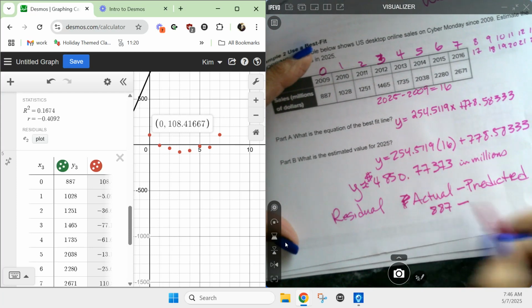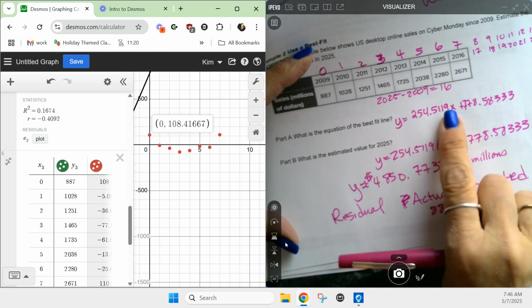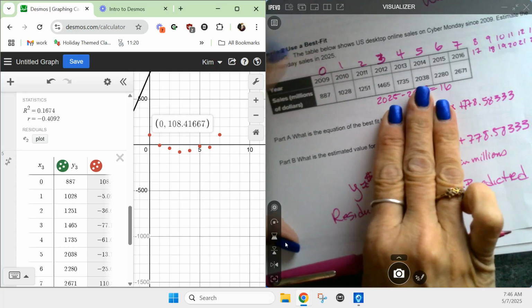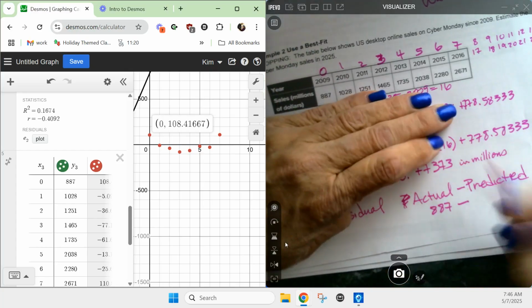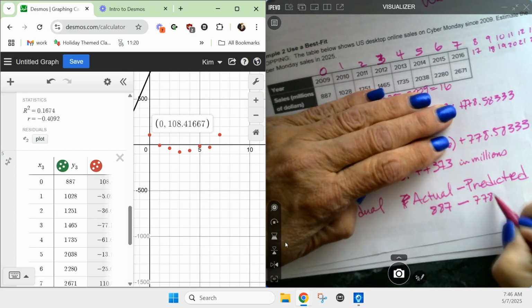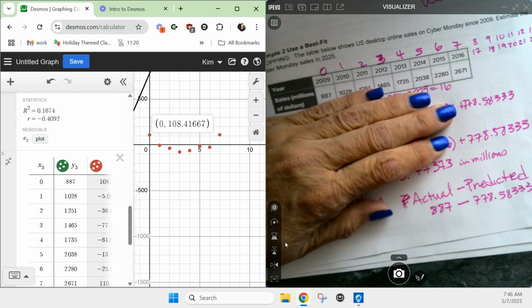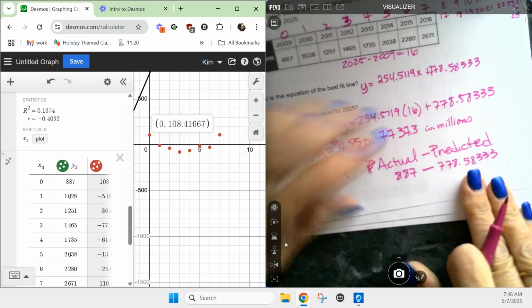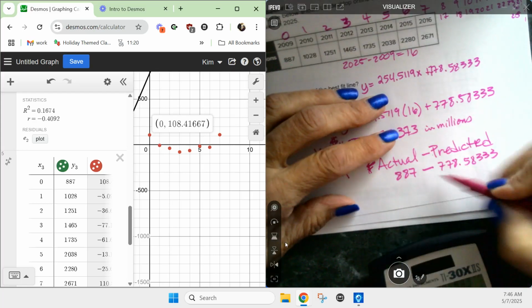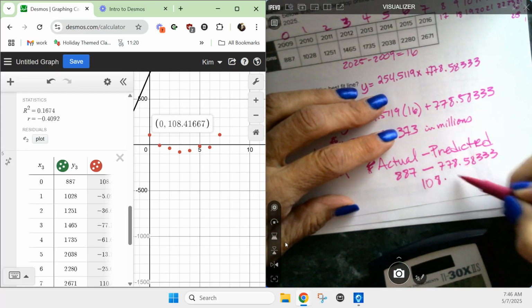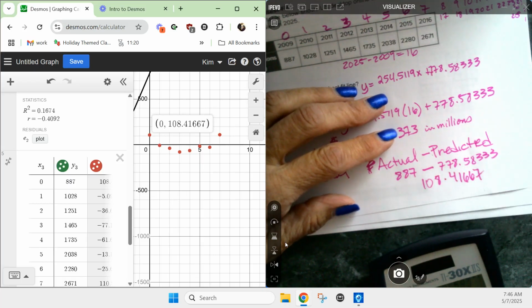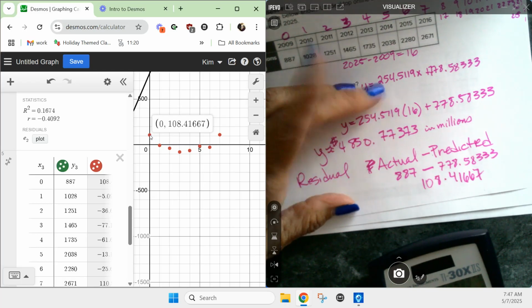I'm going to subtract, if I was to put in 0, I would get this number right here, 778.58333. When I subtract those two numbers, I get 108.41667. And then I would plot it right here. And that's all that a residual is.